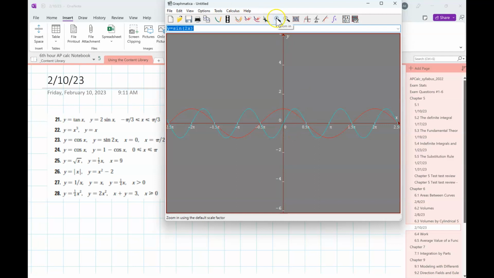So let's zoom in a little. Did I put sine 2x? 2x. And then we have x equals 0, and then x equals pi over 2.